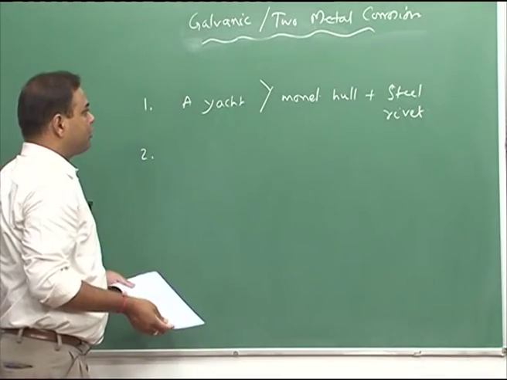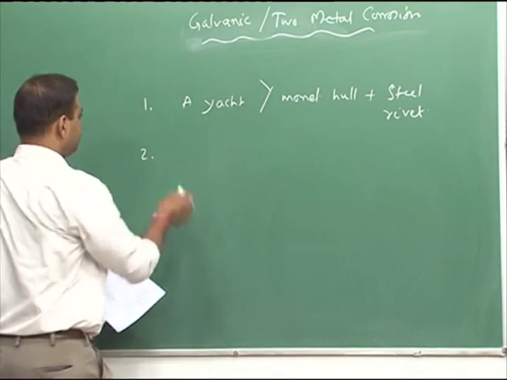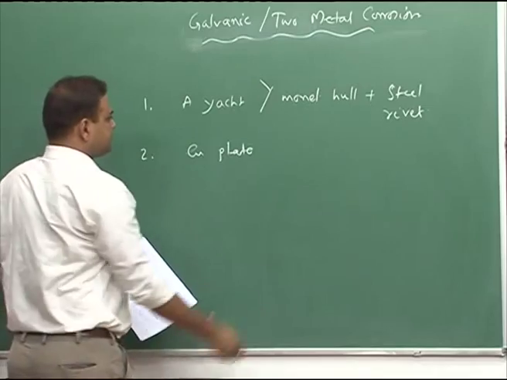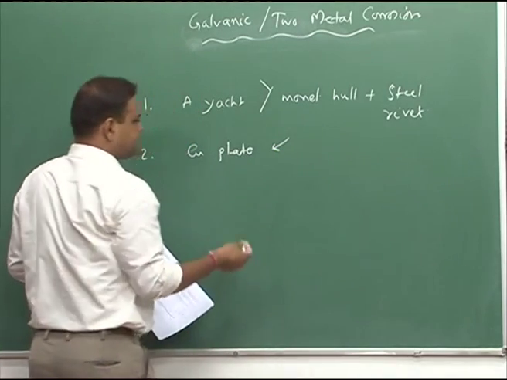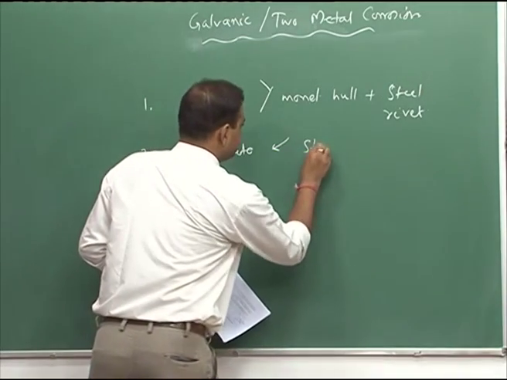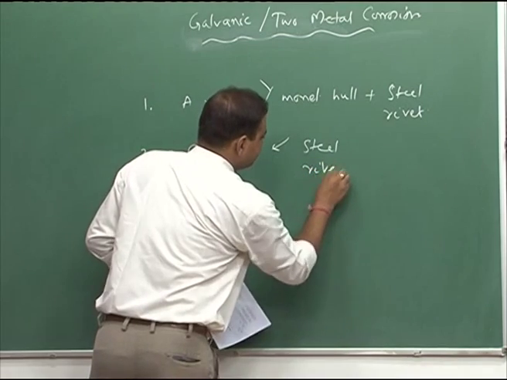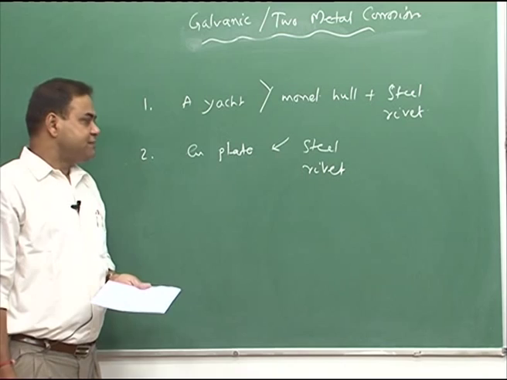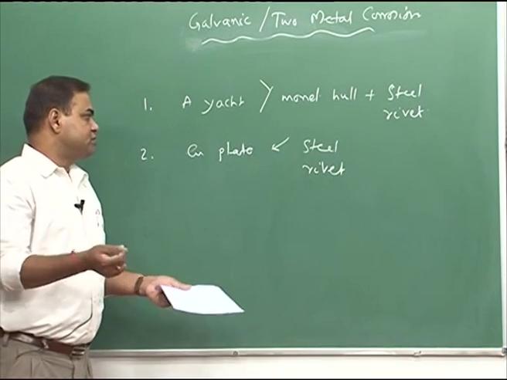Second, in the same way, a copper plate fastened with a steel rivet or steel bolt is also a very bad practice. The copper plate will lose its strength.